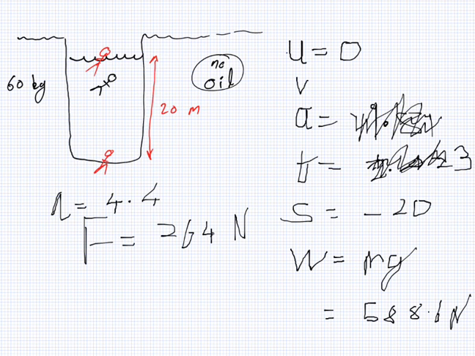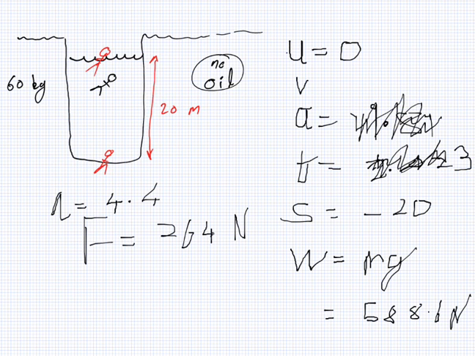Now, that 264 newtons, what does that represent? Is that the drag, the driving force, or something else? Nope. The driving force, what's making him fall? His weight. How much is his weight? 588 newtons. So this is the driving force. What's going up? The drag force. When you combine them together, you get the total force F, 264.